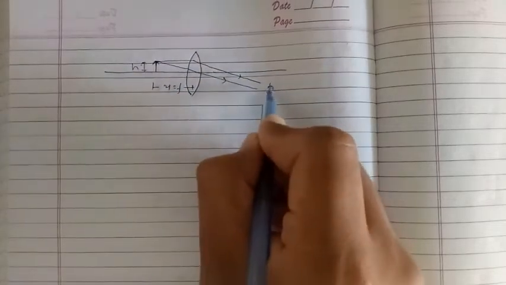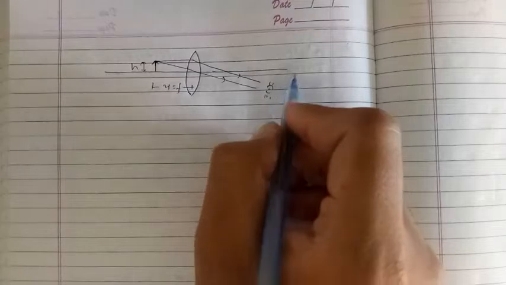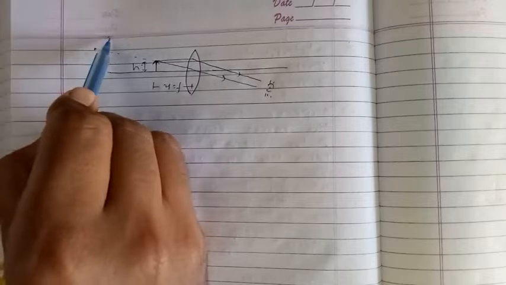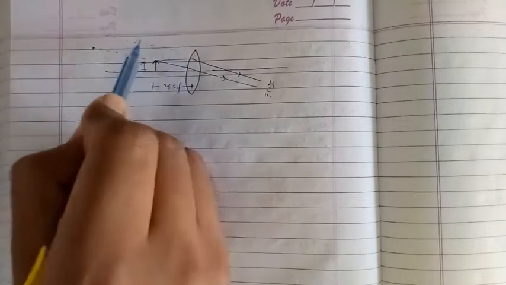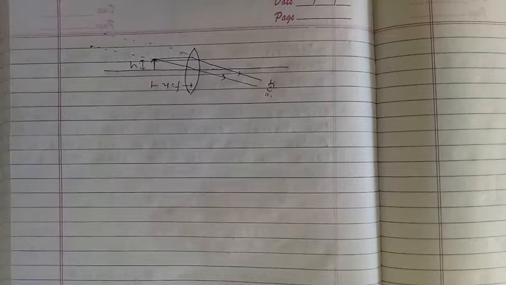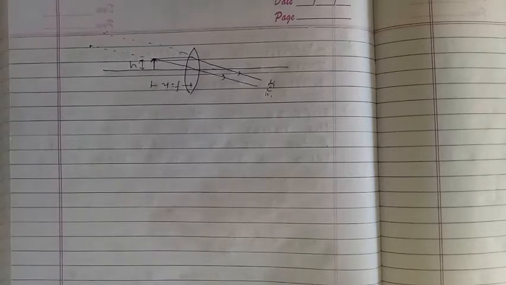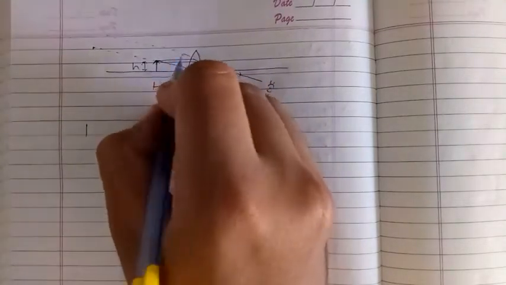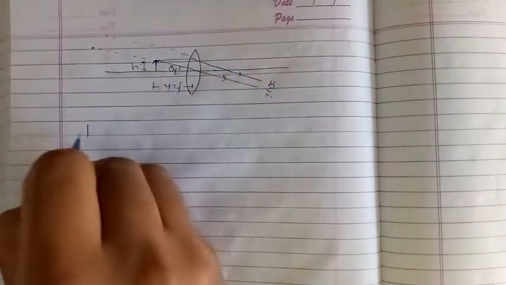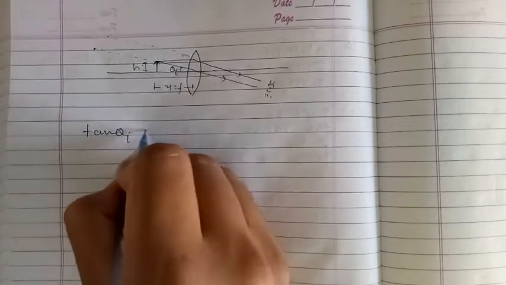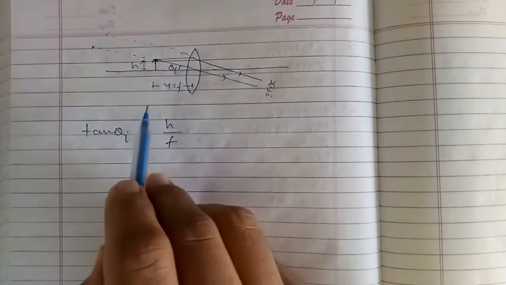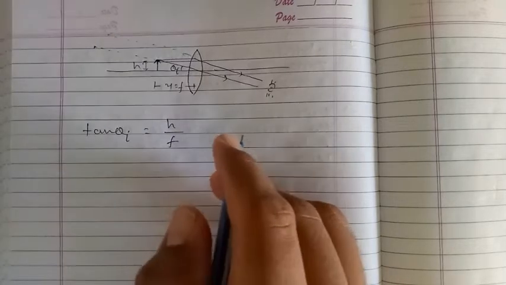This is I. Now we get an image where these two rays meet, so we get a virtual image at infinity. Here the angle is theta I, so tan theta I is equal to h by f.